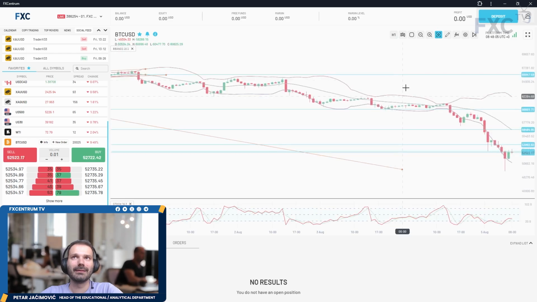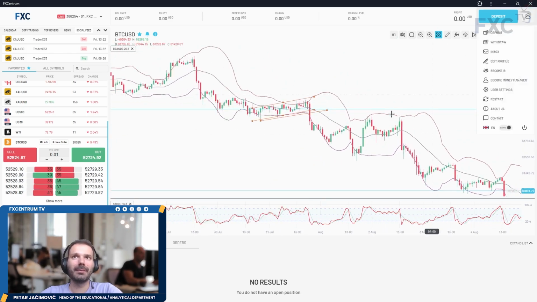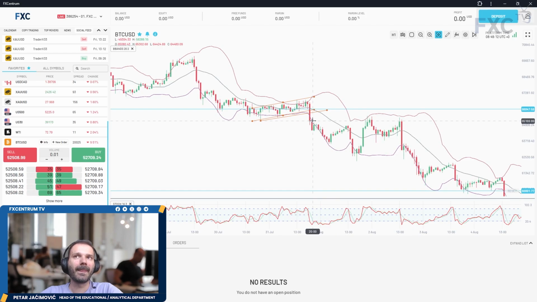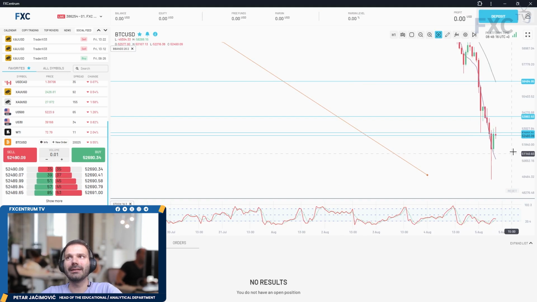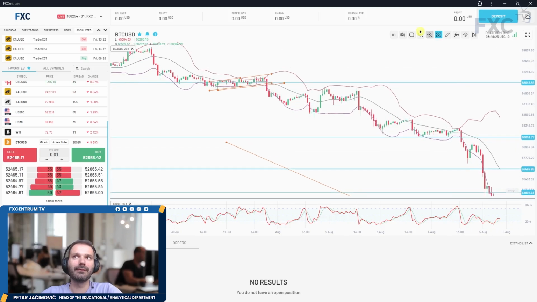So remember, we alerted about the bear flag at this point, around the 66,000, and market is now around 52,000. So that was a remarkable move of that formation on the daily and hourly time frame.